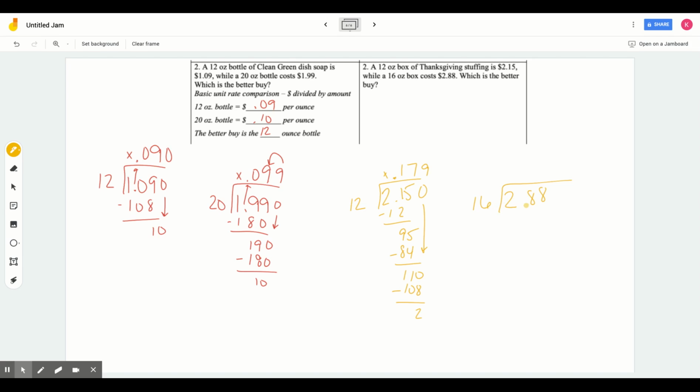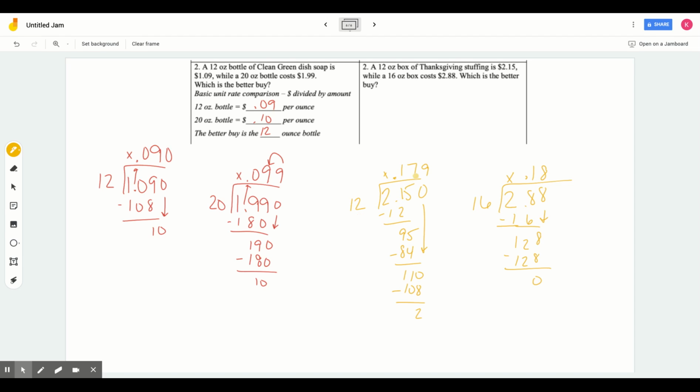Now, here we know that 16 can go into 28 1 time. 28 take away 16 is 12. 16 can go into 128 8 times. 16 times 8 is 128 exactly. So we know that this box costs 18 cents per ounce.